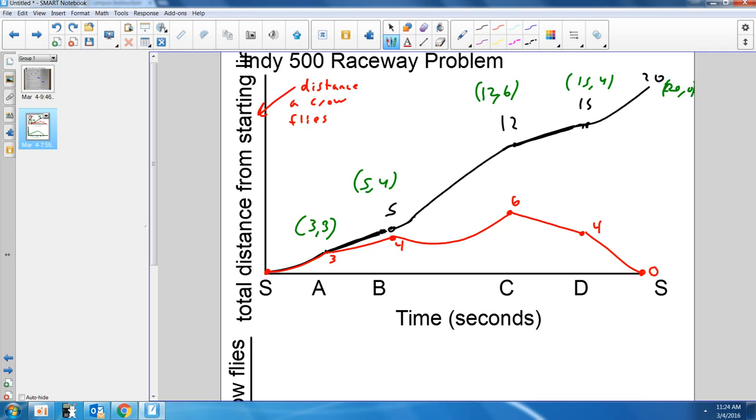But the more interesting question is, what would the graph look like if you took 2 laps? So you want to think about each of these individually. What would it look like if you took 2 laps? The first one, if you took 2 laps and you're talking about total distance, it would be taking the same exact black graph and repeating it, but starting at this point and going up.